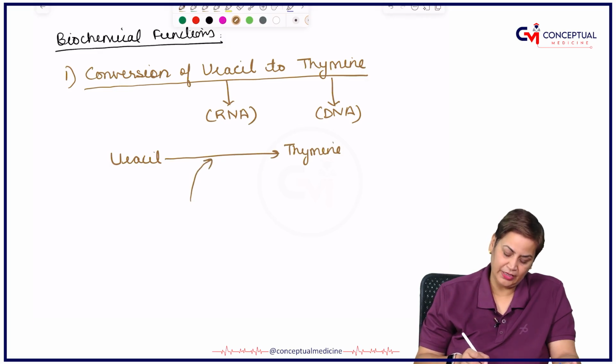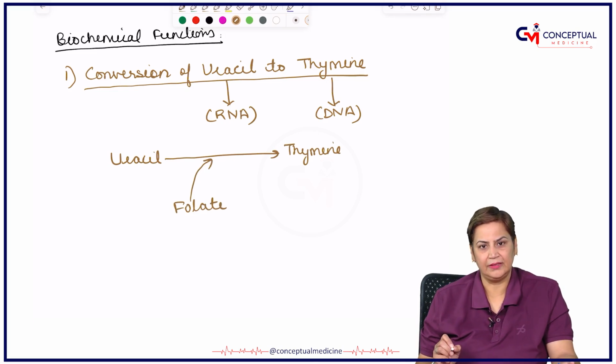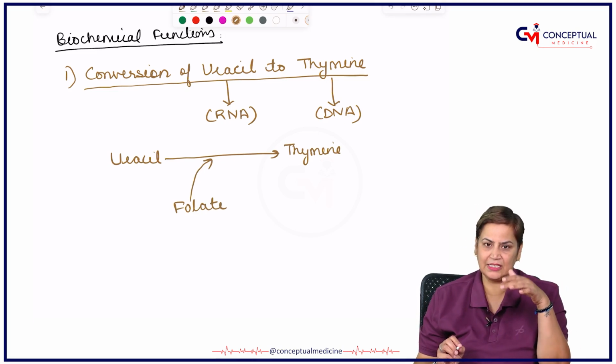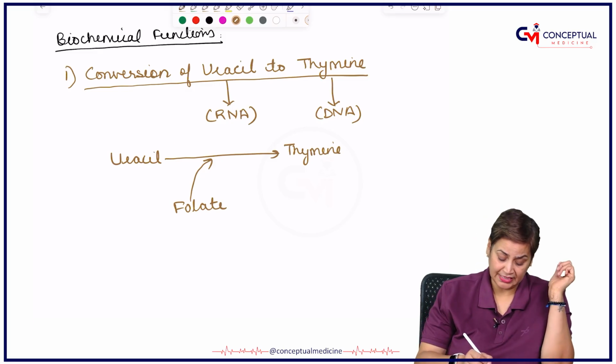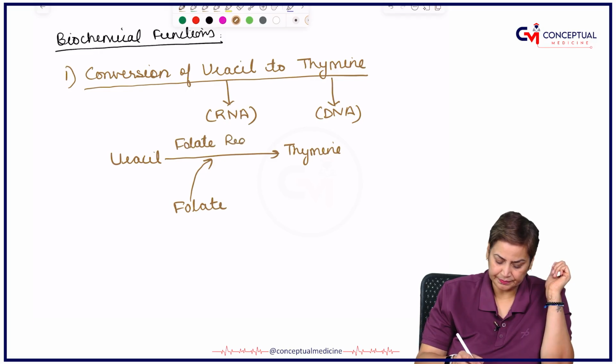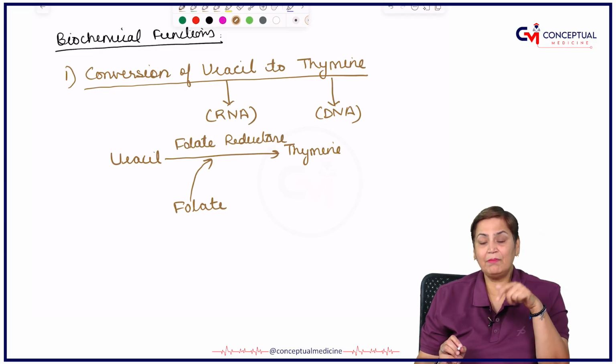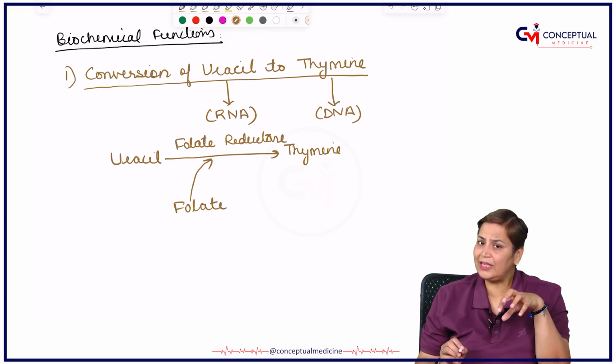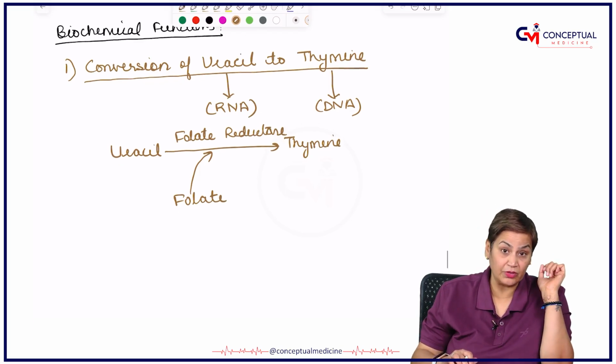by folic acid or folate. Alright, so the reaction is simply, the name of the enzyme is folate reductase. And it will give a methylene group, and this is the only reaction which is irreversible.